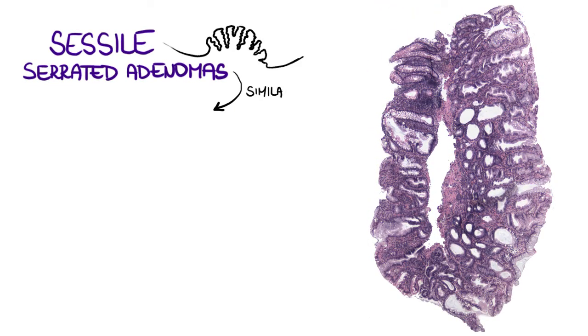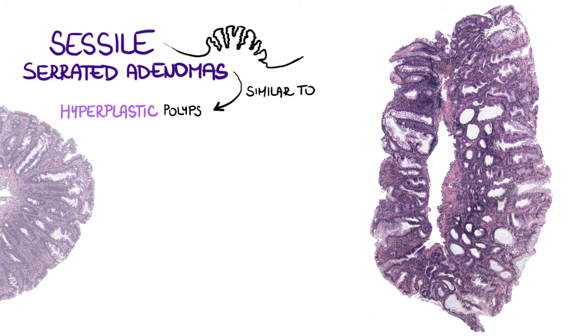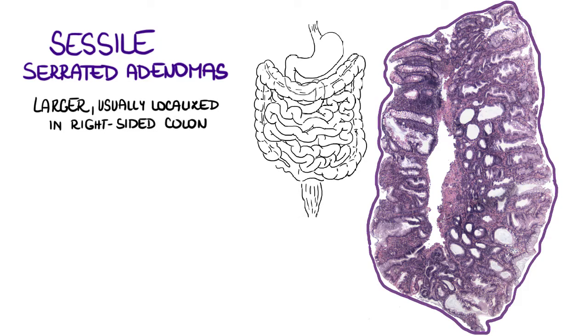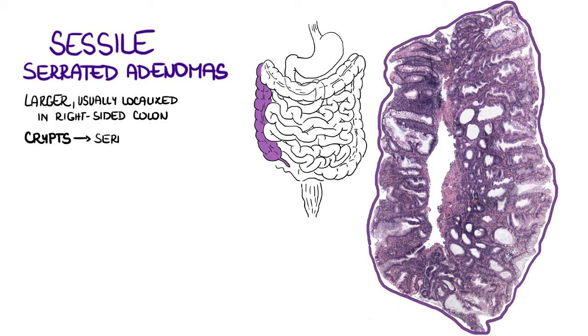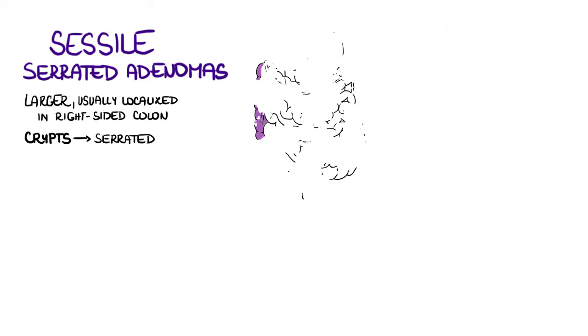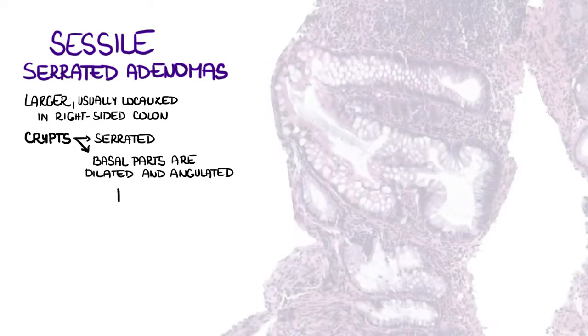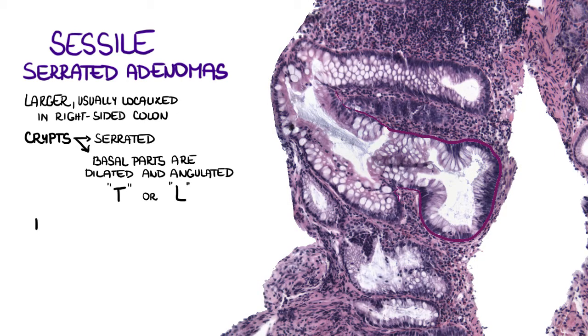Sessile serrated adenomas are similar to hyperplastic polyps, but they are larger, usually localized in the right-sided colon, and their crypts are not only serrated, but their basal parts are characteristically dilated and angulated into the shape of a letter T or L. Dysplasia is usually not present, therefore the term sessile serrated lesion or polyp is sometimes used.